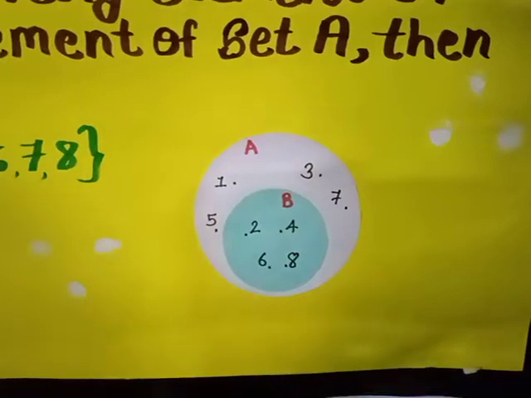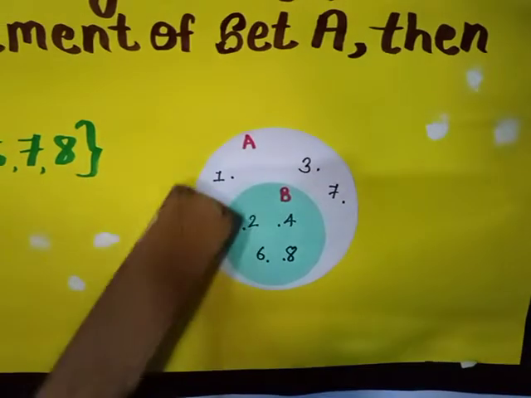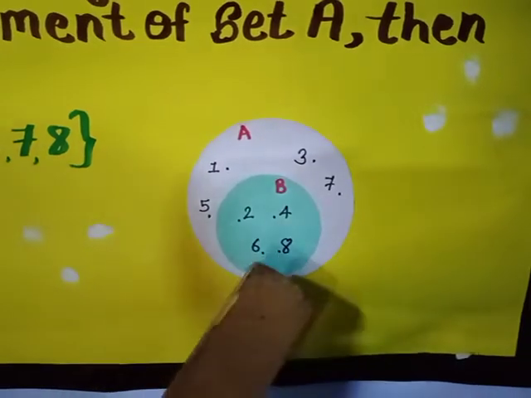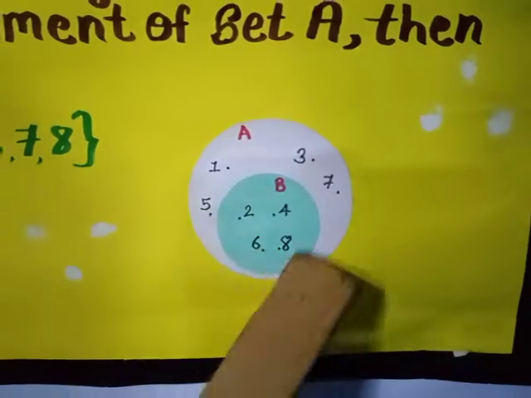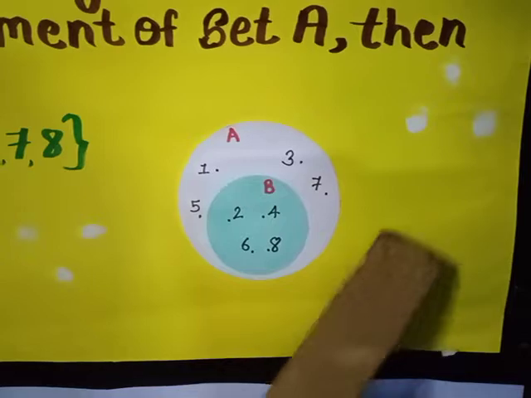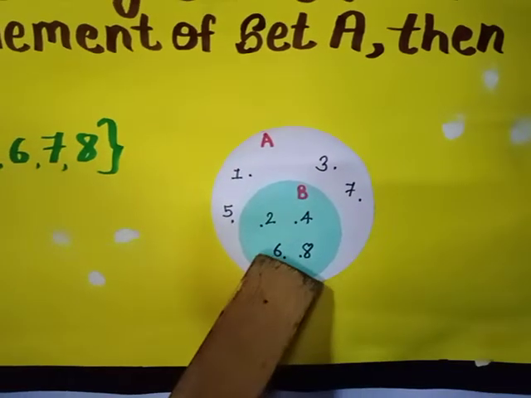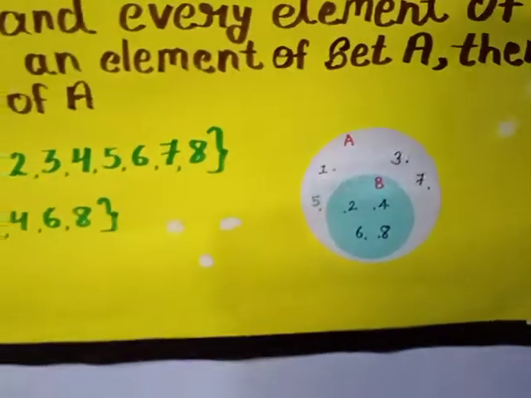All the elements of set A are present. Now we have another set B, included in the blue one: 2, 4, 6, 8. It means the full set B comes within set A, the white one. So that is called a subset. So we can say set B is a subset of set A.